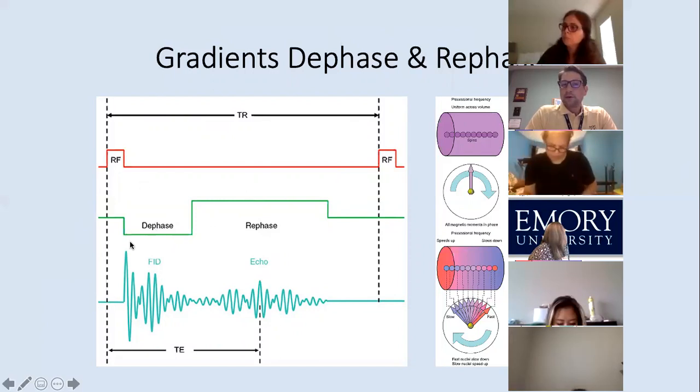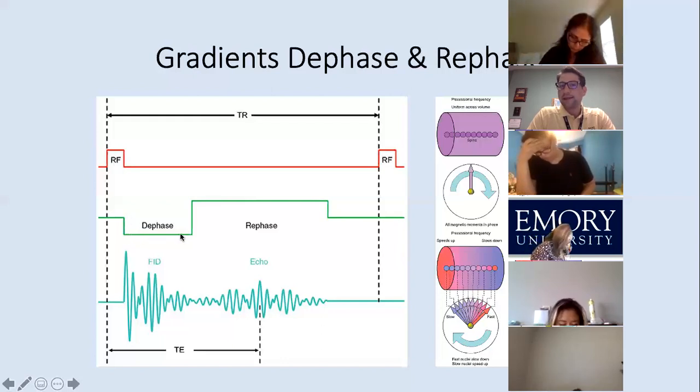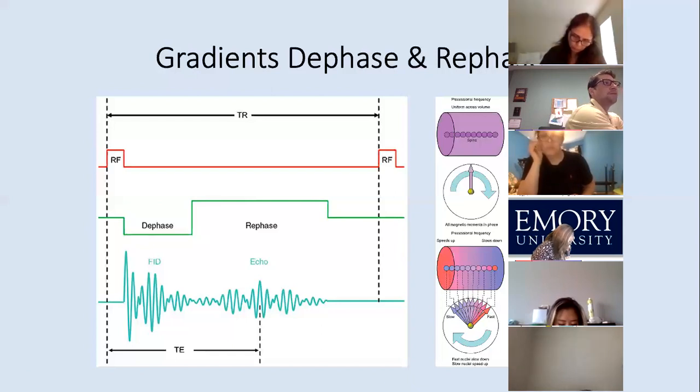So remember, the frequency encoding gradient is now responsible for regrowing this signal. Once you turn off that excitation RF pulse, it applies this negative dephasing gradient. That's why it dips below the line. It's going to rapidly dephase those hydrogen spins, so that free induction decay starts to go down even faster.